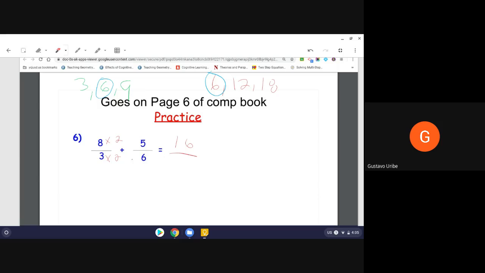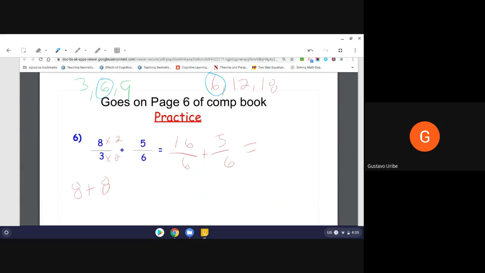You can use a multiplication table or make a multiplication chart if you're not sure, or just do 8 plus 8, and that'll give you your answer. 3 times 2, we just said that was 6, plus 5 over 6.